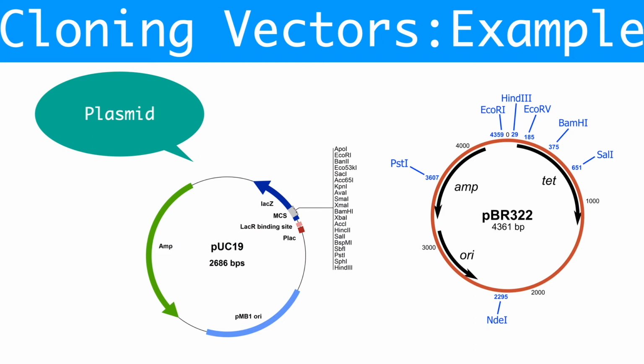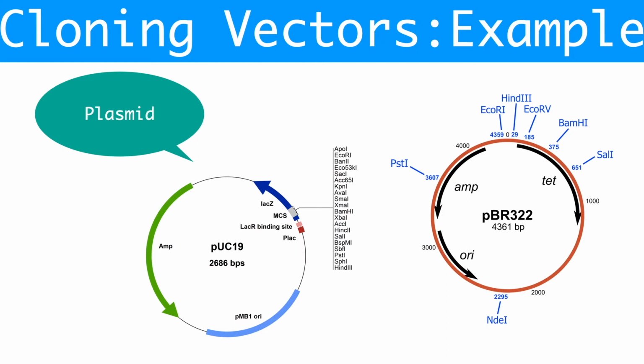First is the plasmid. A plasmid is a small circular DNA in bacteria or protozoa, and we use this circular DNA for manipulation or insertion of our gene of interest to clone into the specific cell. Examples presented here are pUC19 and pBR322 vectors, both obtained from E. coli.